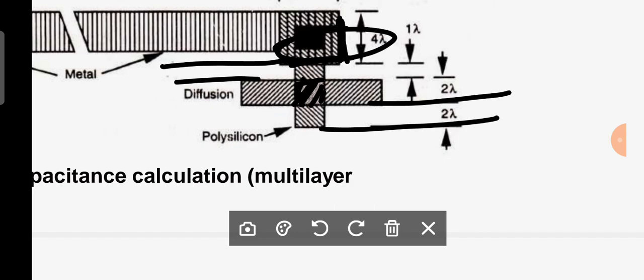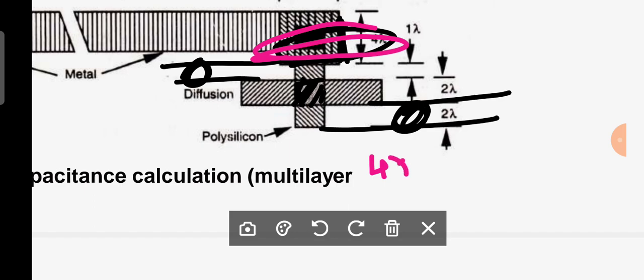This we have to consider first, later plus the combination of this we have to consider. Is it clear? Now, first of all, I would like to consider this one. Now, the length is 4 lambda into the width is also 4 lambda plus.